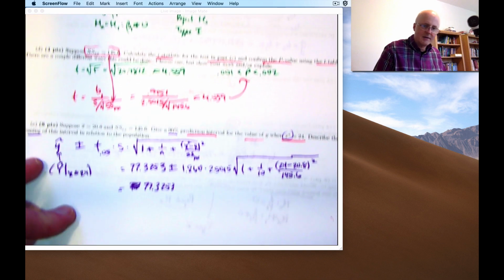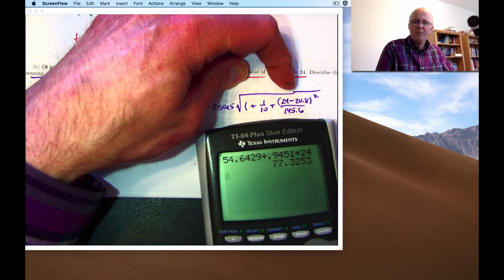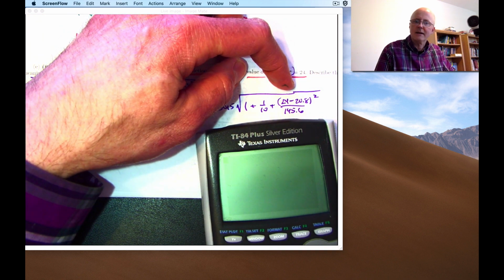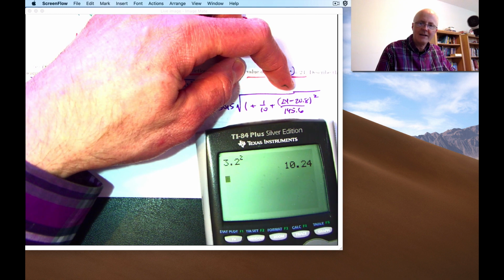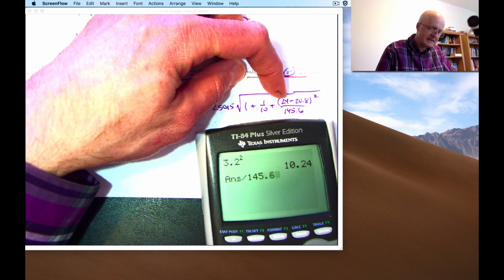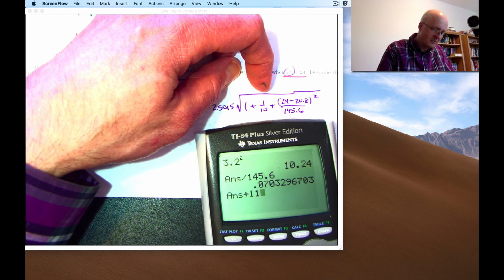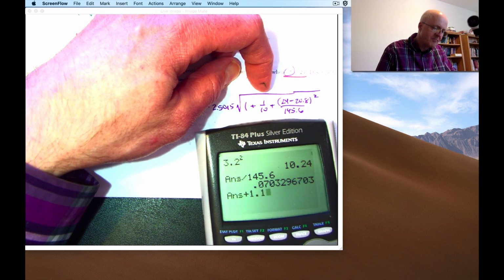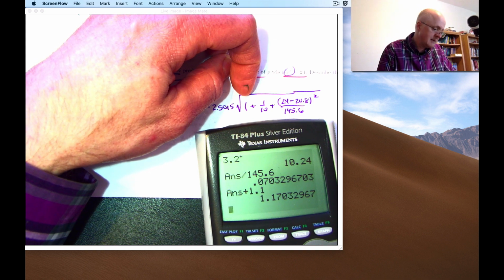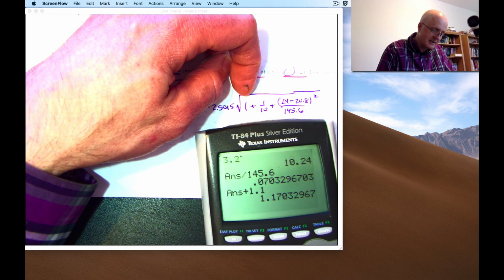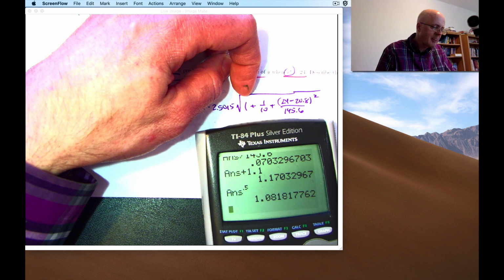Okay, let's figure out the thing under the square root first. 24 minus 20.8 is 3.2. 3.2 squared is that. Divide by 145.6. And then add 1.1 plus 1.1. You get, as always in this situation, a number bigger than 1. Typically a little bit bigger than 1 when you square root it.